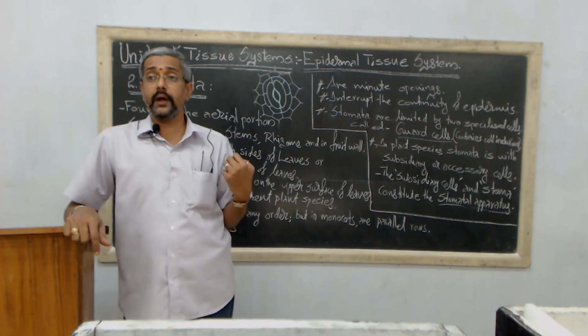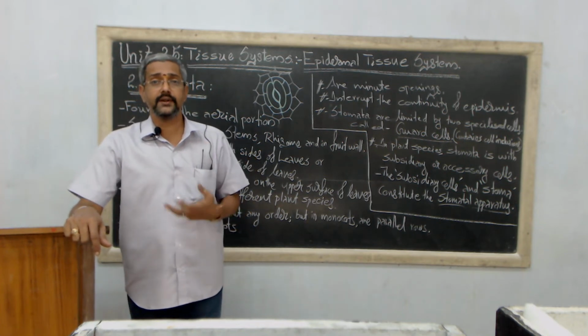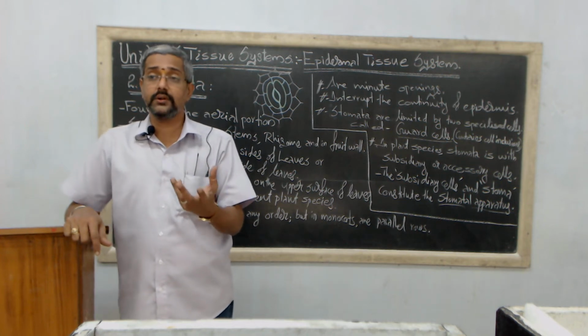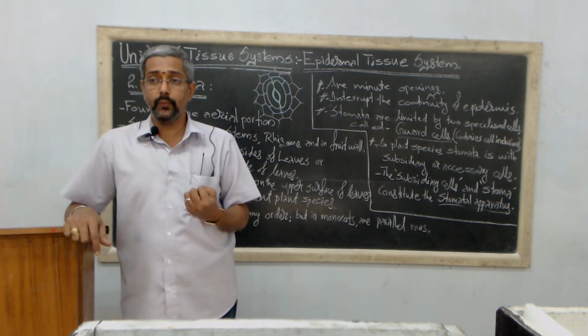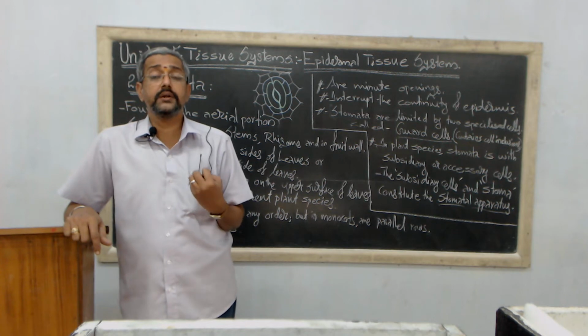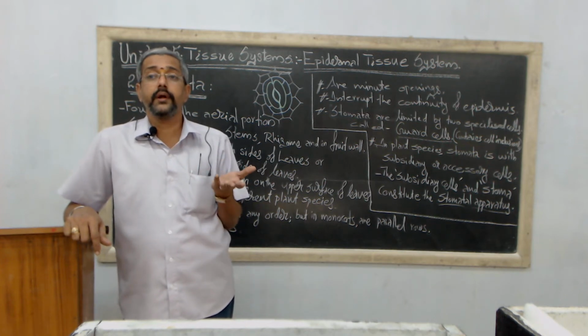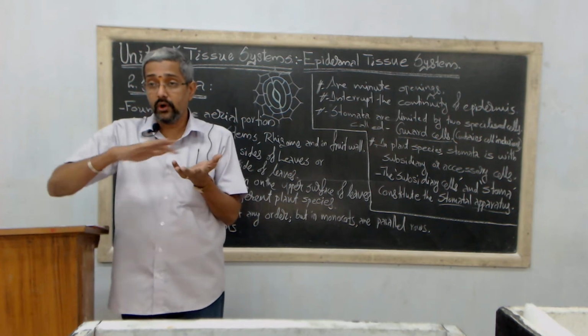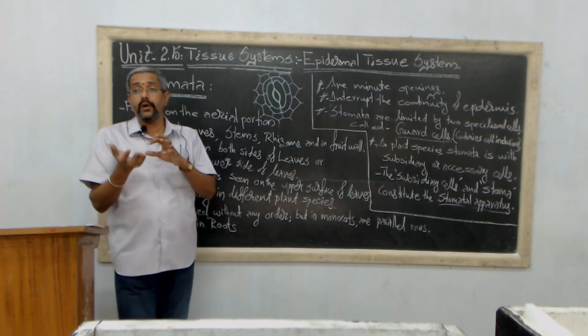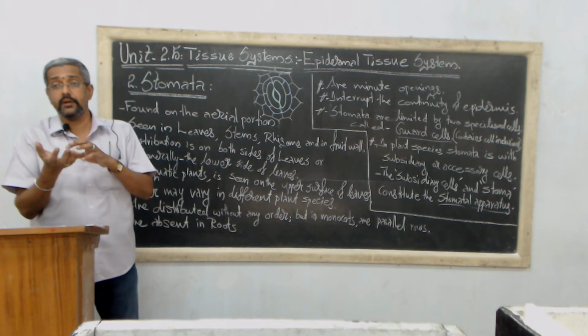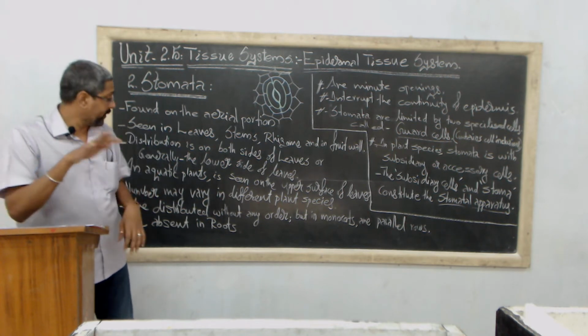In aquatic plants, the plant already lives in the water body, so the stomata cannot be distributed on the lower side because they would touch the water. Thereby, in aquatic plants, the distribution is on the upper side of the leaf.